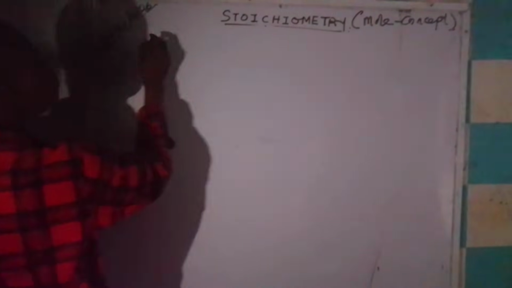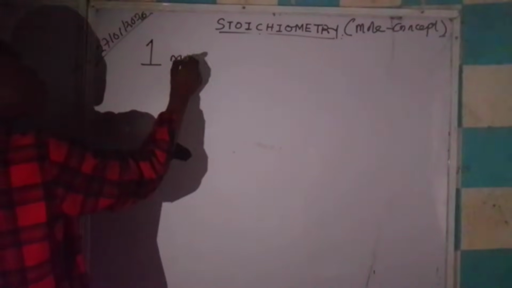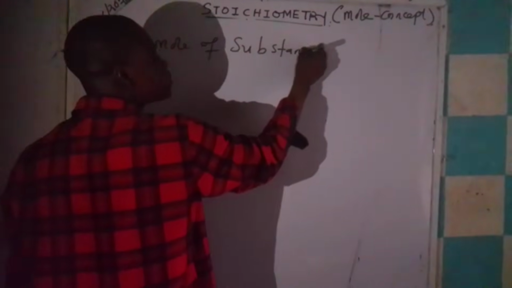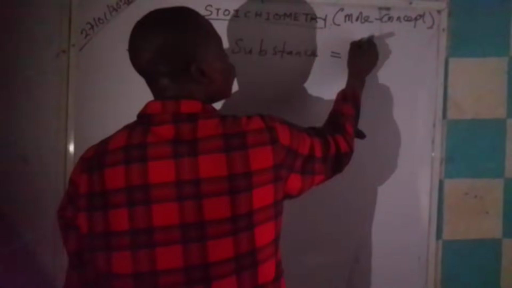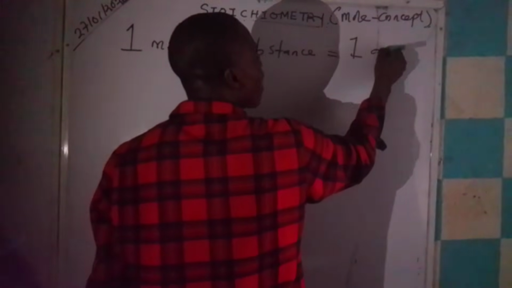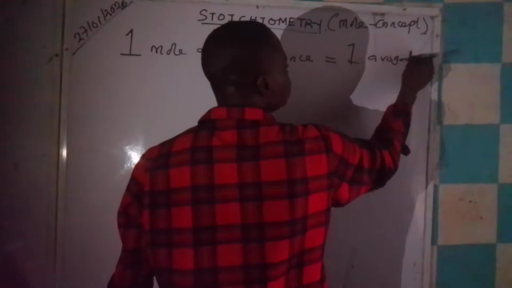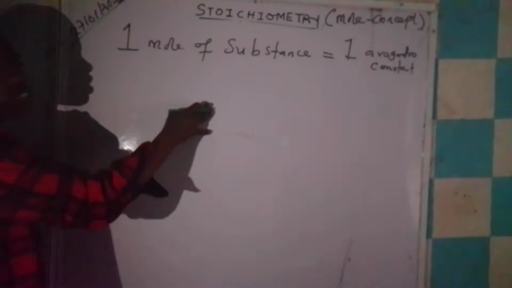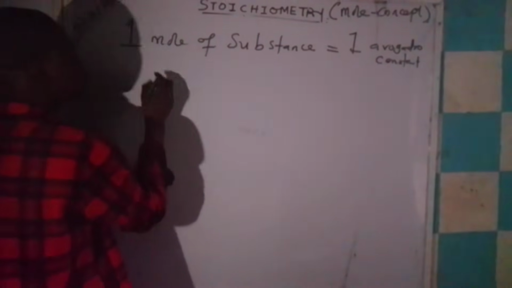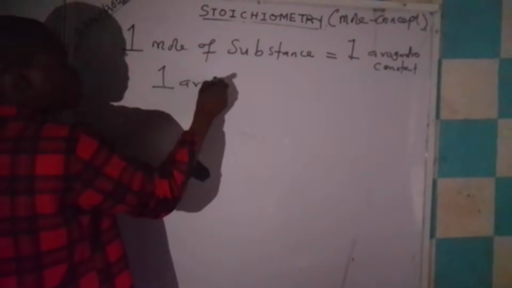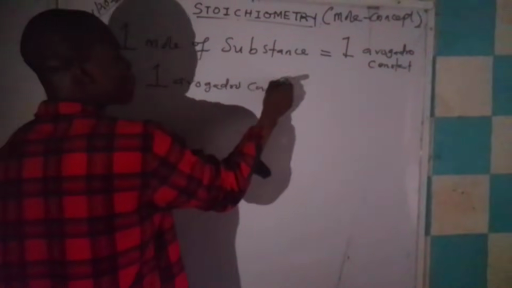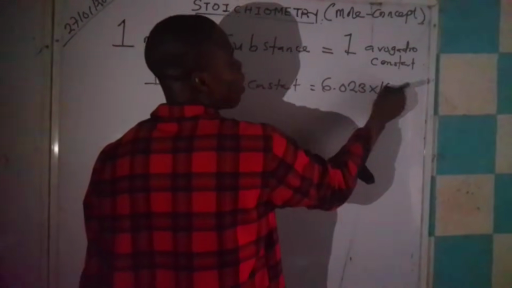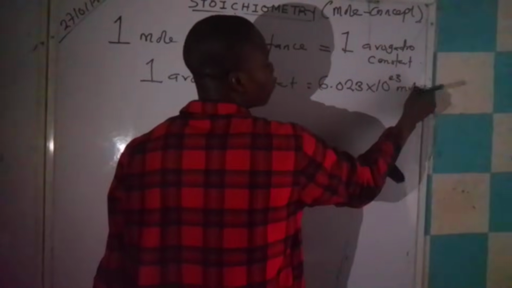Now, having known these aspects, the next thing to know about this topic is that one mole of a substance is equal to one Avogadro constant. One Avogadro constant is equal to 6.023 times 10 power 23 per mole.